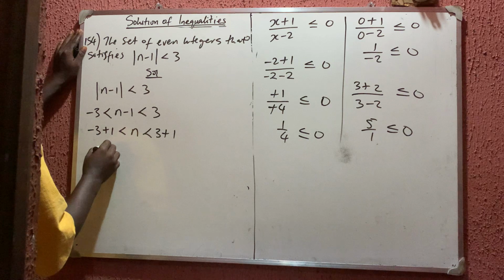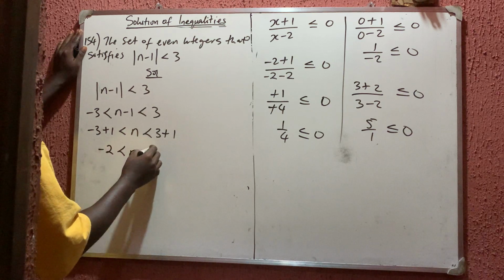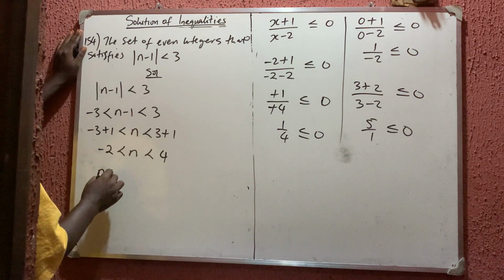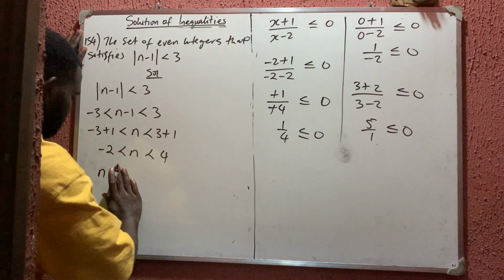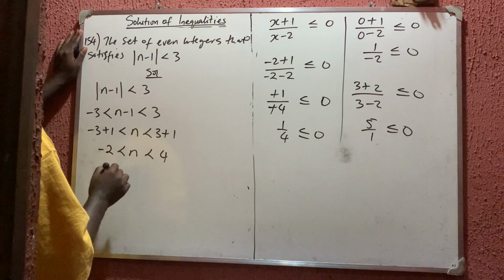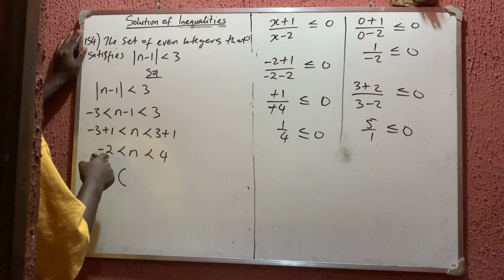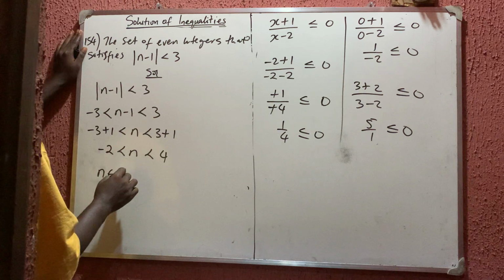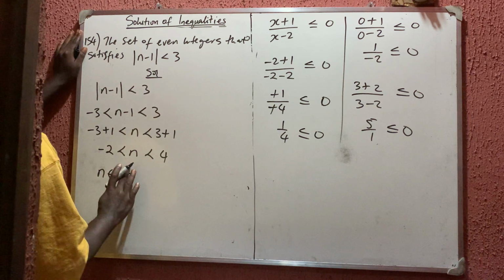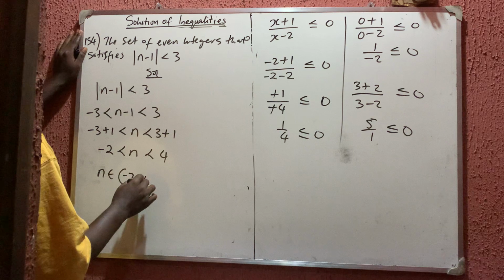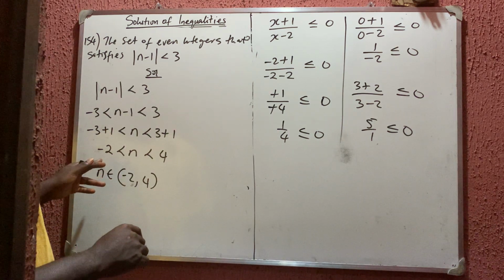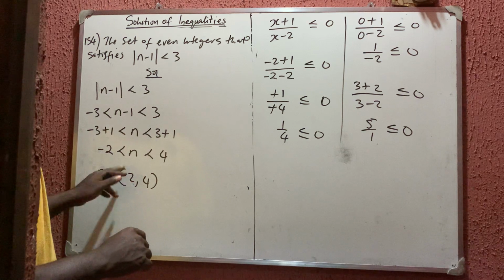So I'm having that minus 2 is less than n, which is less than 4. So therefore n is an element of an open set from minus 2 comma 4. I use an open set because I'm having less than here.